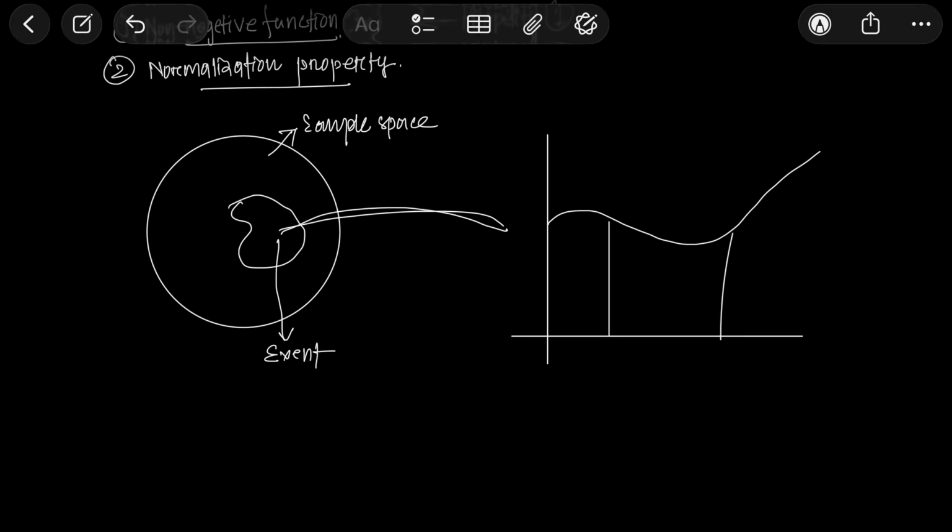You need to find the area under this curve.